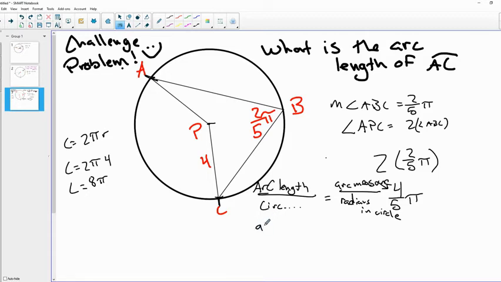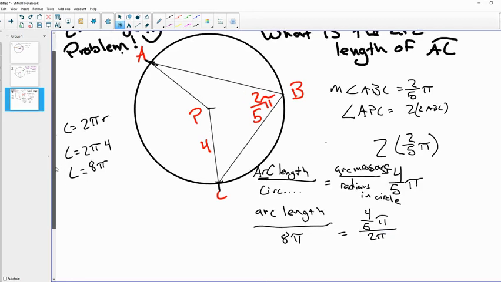We don't know our arc length yet, that's what we're trying to figure out. We divide that by our circumference, which is 8 pi. That's going to equal our arc measure, which is 4/5 pi, divided by how many radians are in a circle. So this is our proportion. We know that there's 2 pi in there.